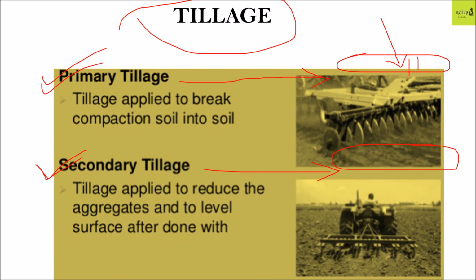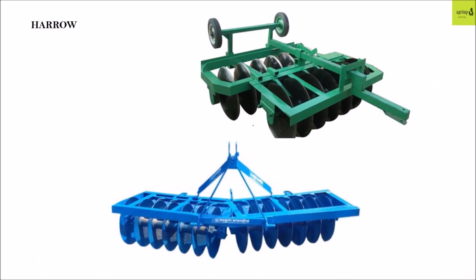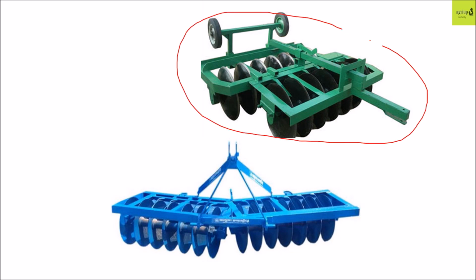So now moving ahead, we should know what is this equipment, instrument you say, or what is this farm tool called. I want you guys to answer it in the comment box below if you are able to identify what tool this is.